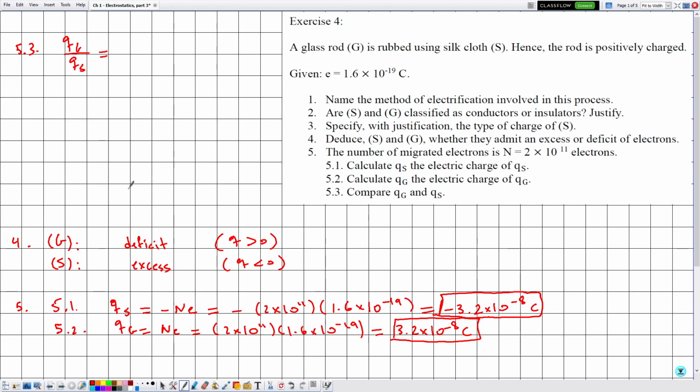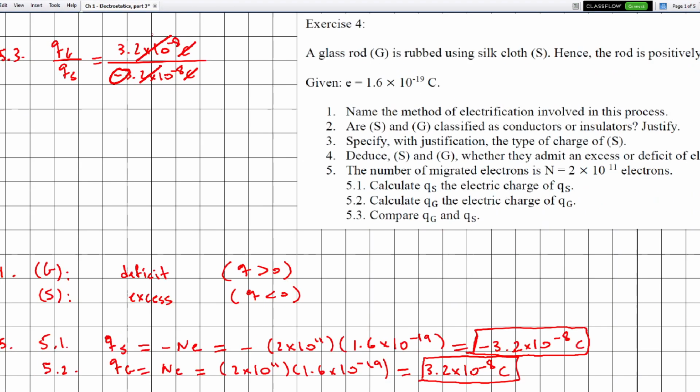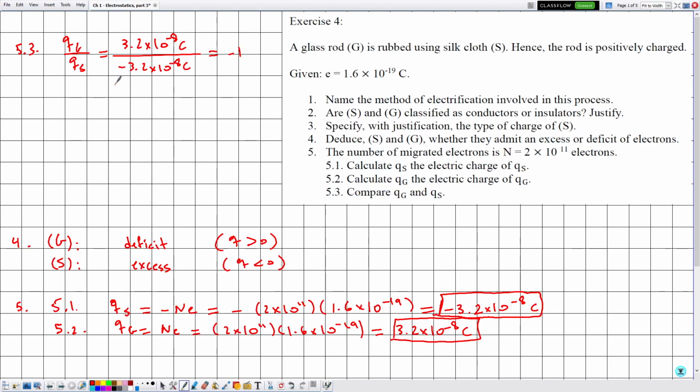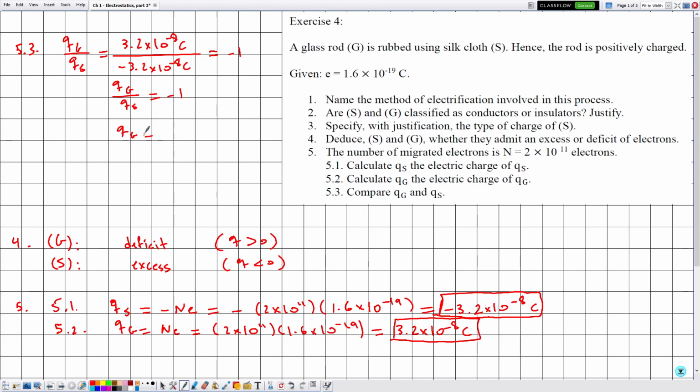The value of QG is 3.2 times 10 to the power minus 8 coulombs, and QS is minus 3.2 times 10 to the power minus 8 coulombs. So the values cancel and the units cancel as well. We are left with minus 1, which means QG over QS equals minus 1. If you cross multiply, we are left with QG equal to minus QS. This is the relation that holds between the charge of G and the charge of S.